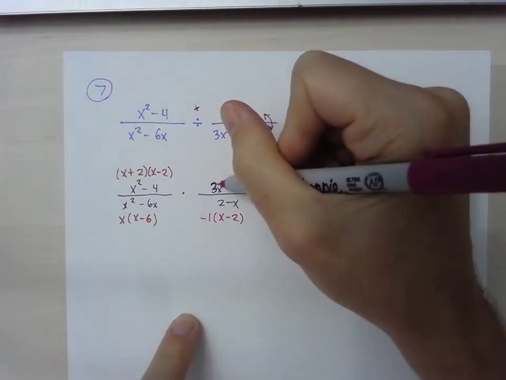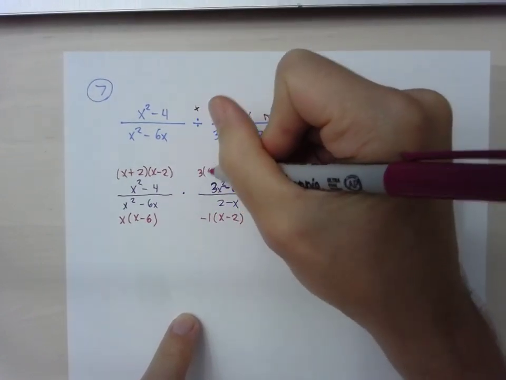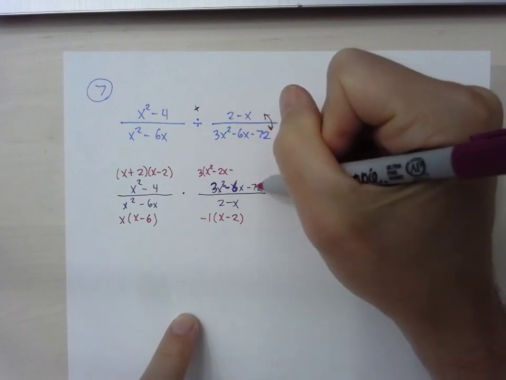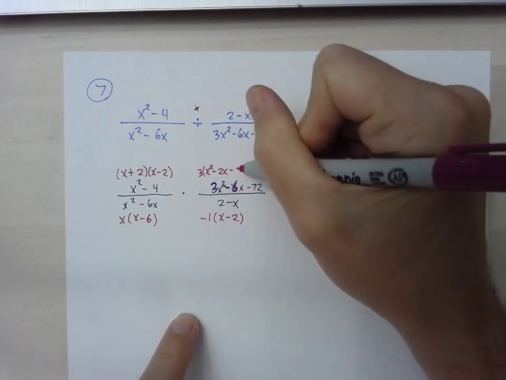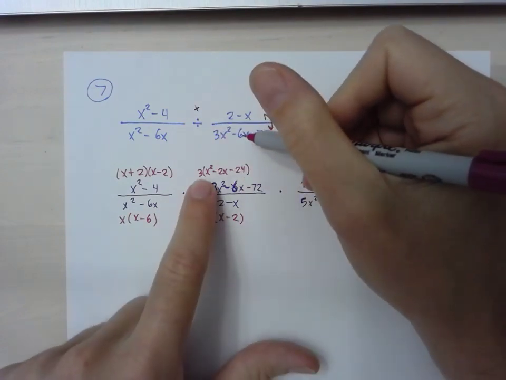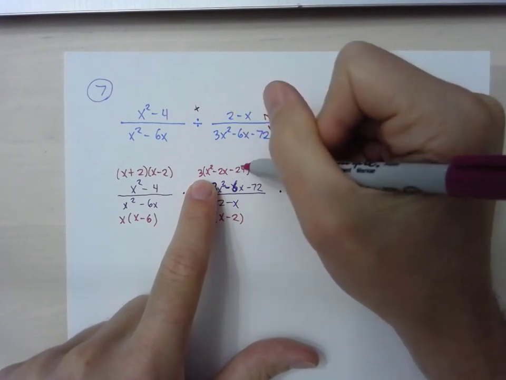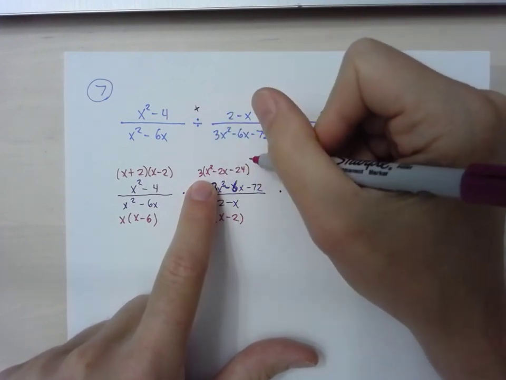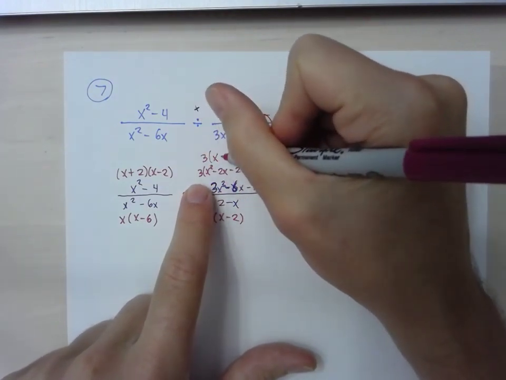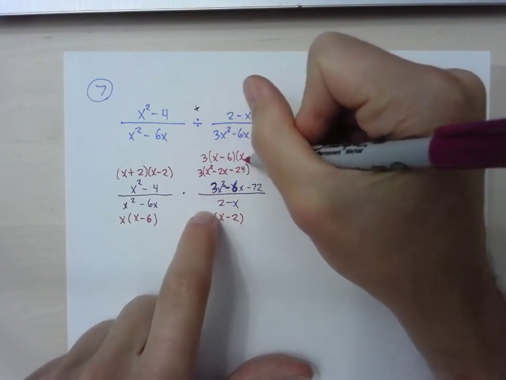This is, see, 3, 6, and 72, I can GCF that, so 3(x squared minus 2x minus 24). And I can further break that down. Two numbers that multiply to negative 24 and add to negative 2, that's going to be negative 6 and positive 4. So that's going to be 3(x minus 6)(x plus 4).